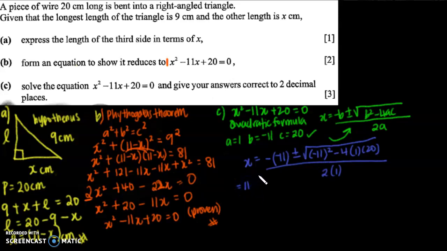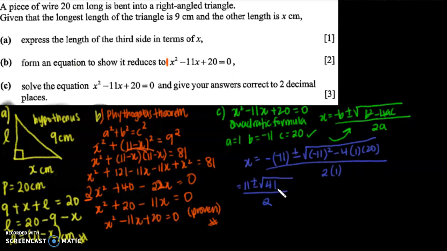So we get positive 11, because minus and minus is plus, plus or minus the square root, over 2. Now we just find the value. 11 squared is 121, minus 4 times 1, which is 4, and 4 times 20 is 80. So it's basically 121 minus 80, which gives you 41.